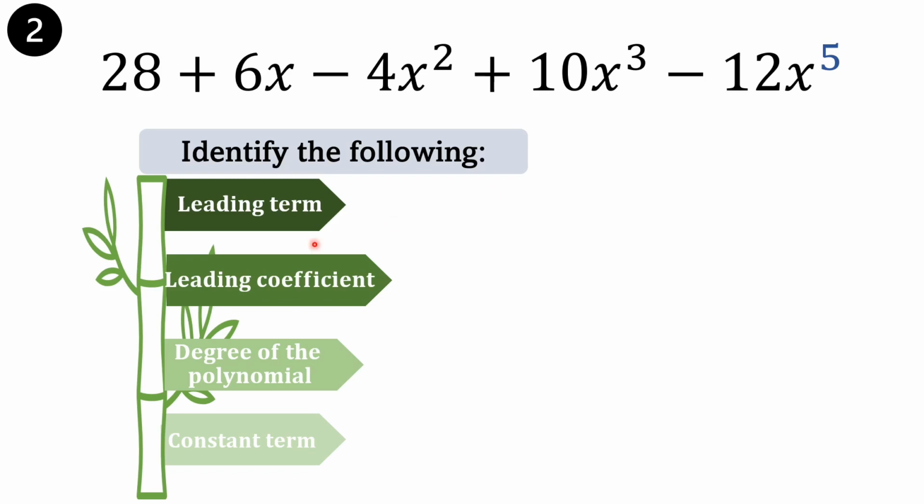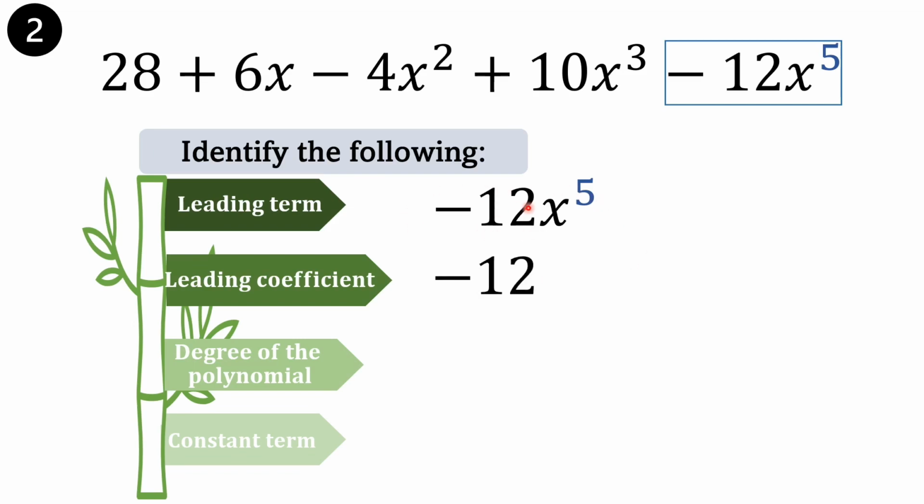So in this form, the leading term is the last term, negative 12x raised to 5. The leading coefficient is found in the leading term, and that is negative 12. The degree is the highest power of the variable x, and that is 5. And the constant term is the first term in this form, that is positive 28.